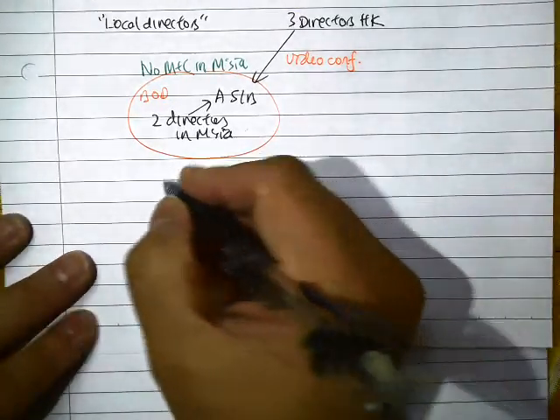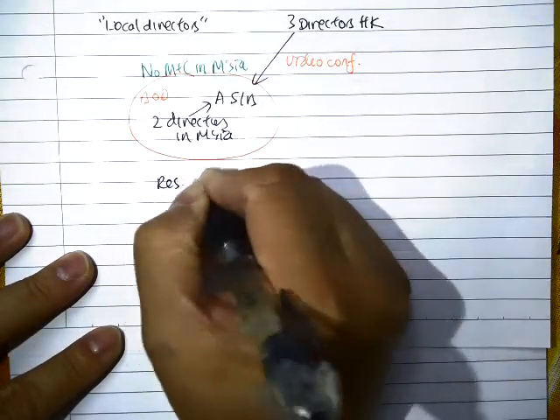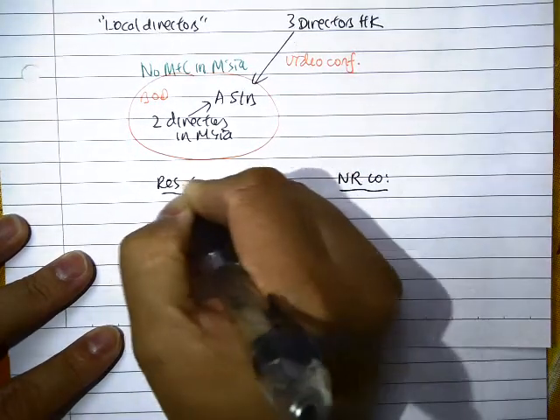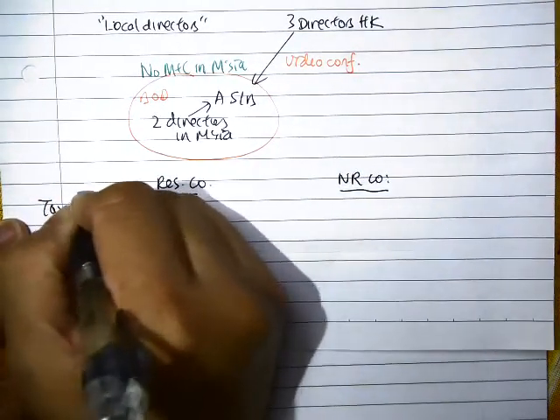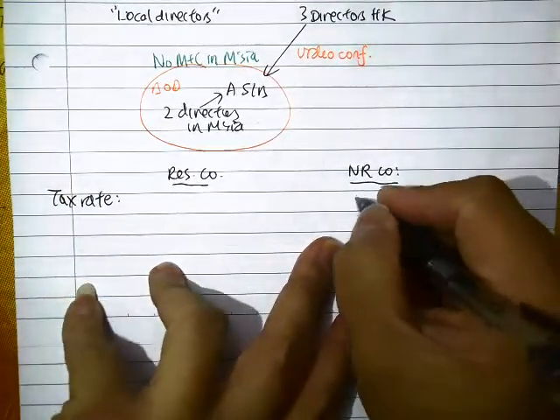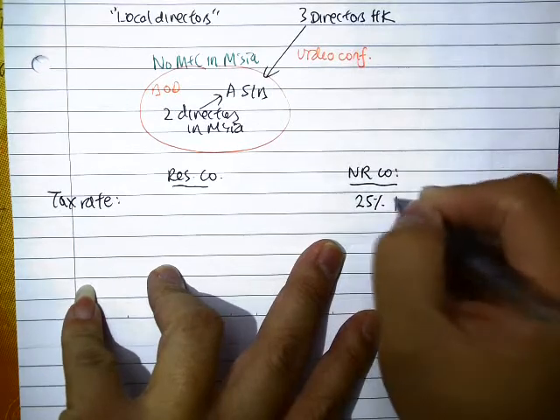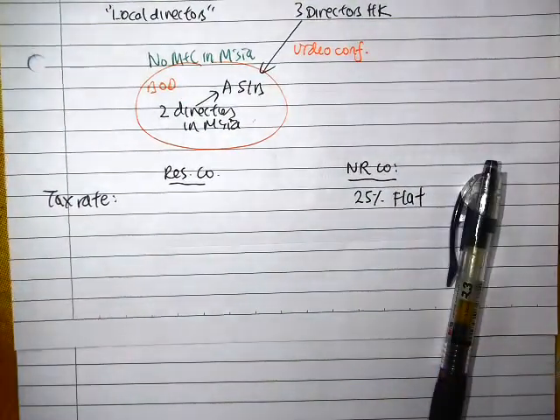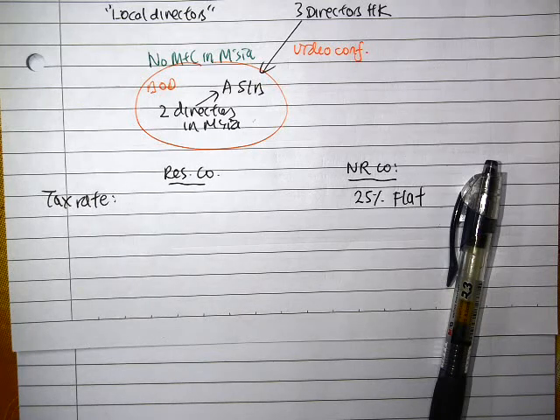Now if you have a resident company and a non-resident company, in terms of the tax rate, a non-resident company will be flat 25%. Alright? Okay, a non-resident company is flat 25%.